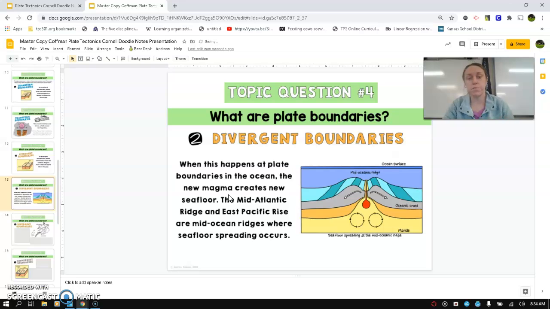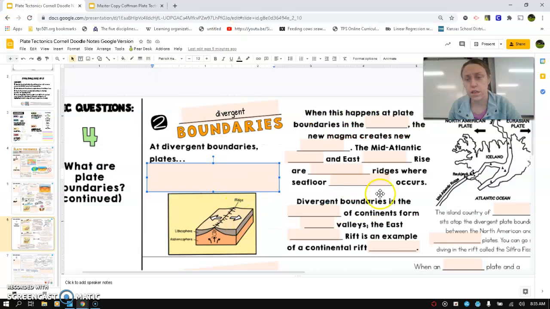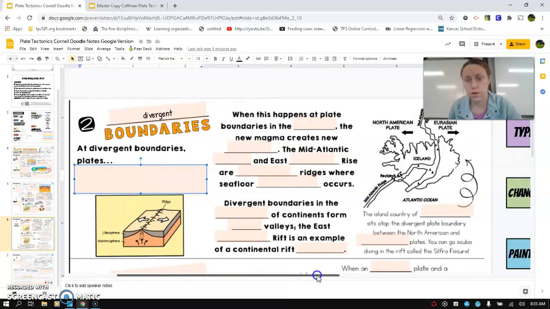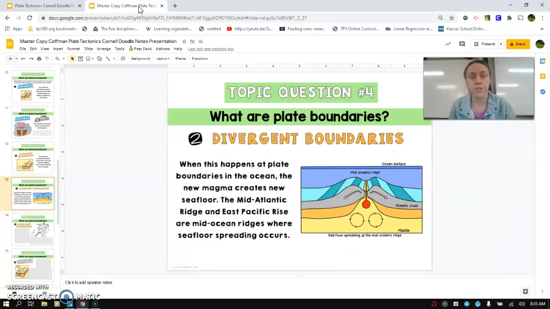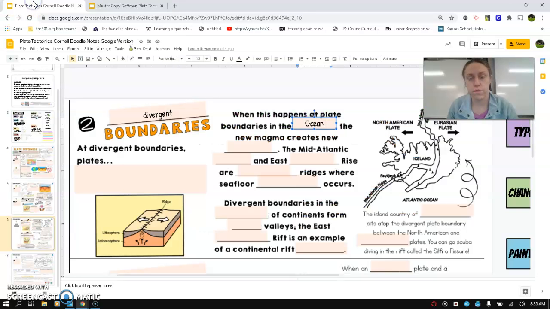When this happens at the boundaries, so we're specifically talking about the ocean surface, and this will go in the ocean, just so that you guys can see where it goes.